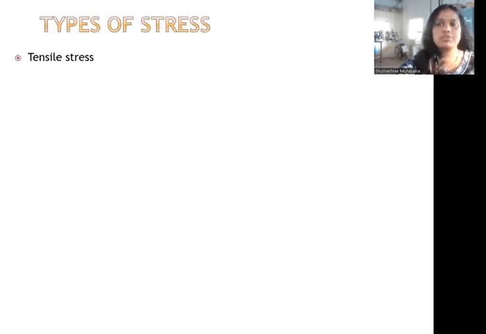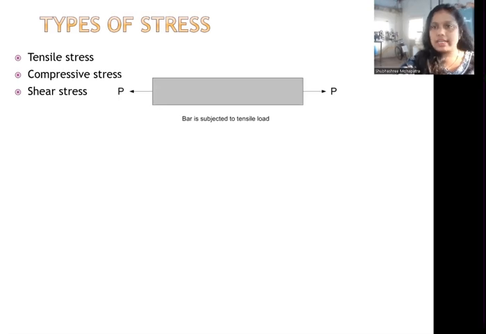So the different types of stresses are tensile stress, compressive stress, or shear stress. In tensile stress, the bar is subjected to two equal and opposite pulls. Here you can see in the diagram, the bar is subjected to two equal and opposite pulls. Because of that, the stress developed in that bar is called your tensile stress.